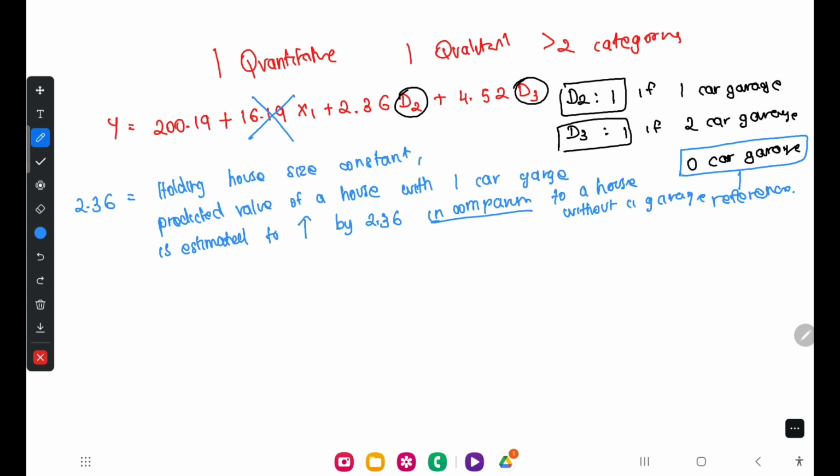Now you can try 4.52. How do you interpret that? Again, there are two variables, so we have to hold the other one constant, that is the house size.